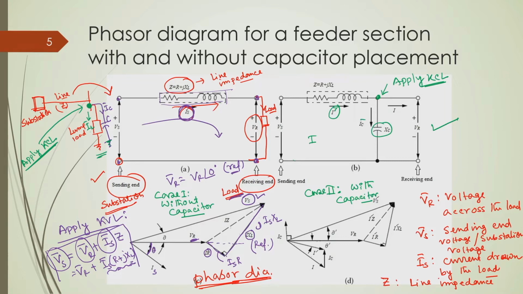Now, applying KCL, this current, let us represent it as I s dash, is equal to I c plus the current drawn by this load, which we represent as I L. So this is I c plus I L.